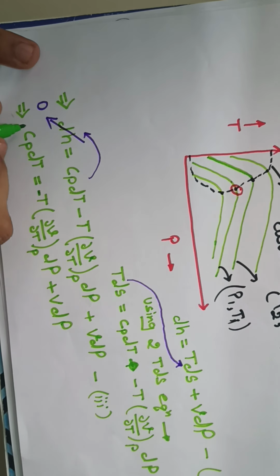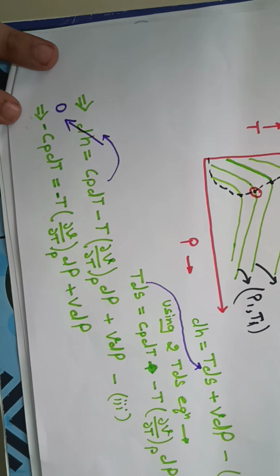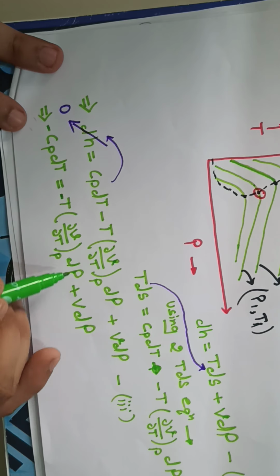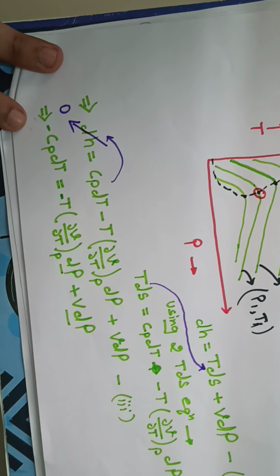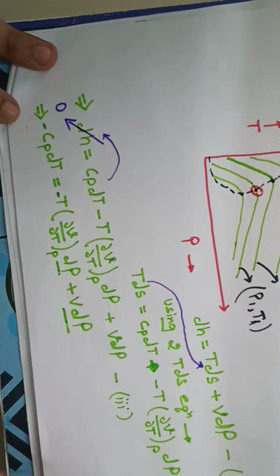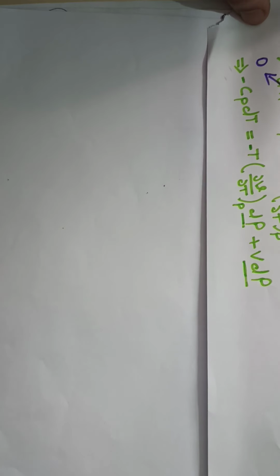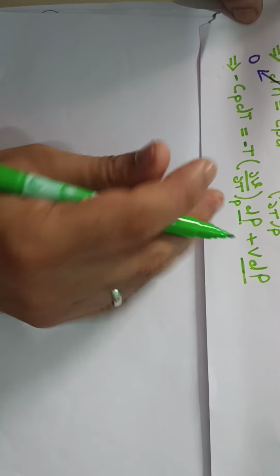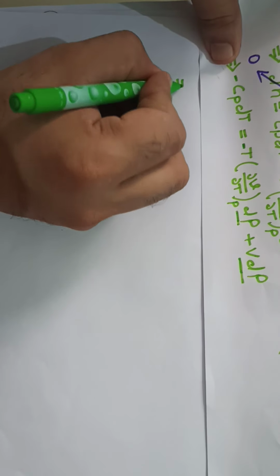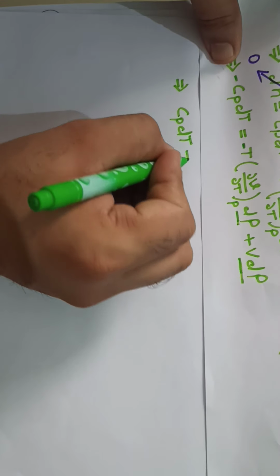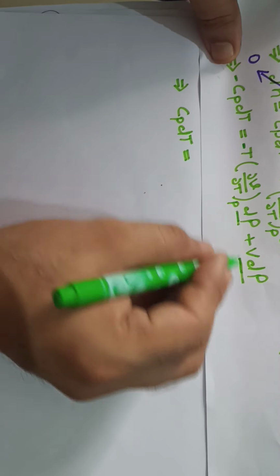Now we will take dP common from both these terms, and we will write Cp dT equals, and make this positive.